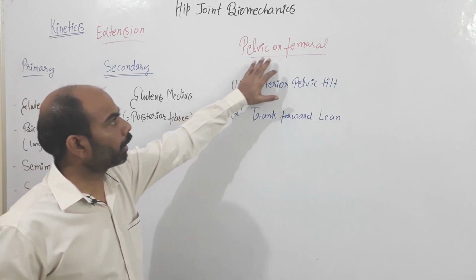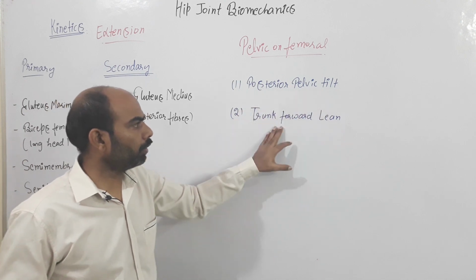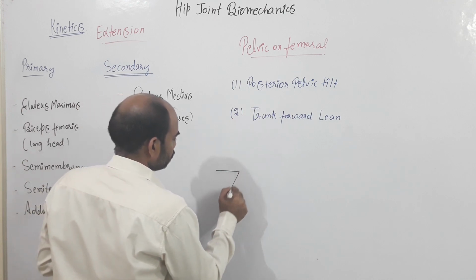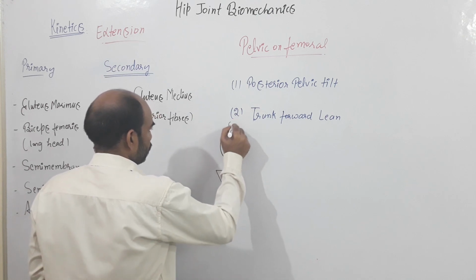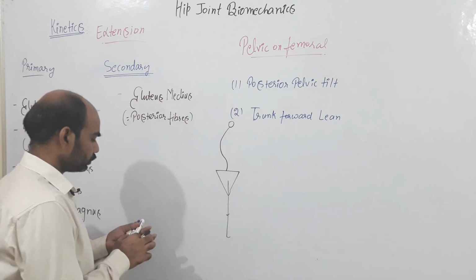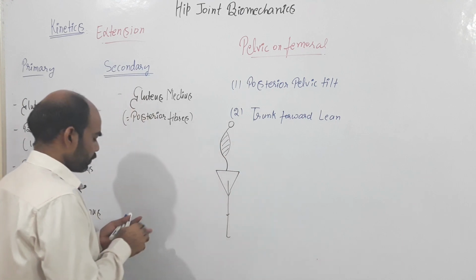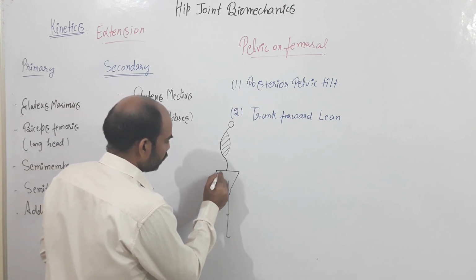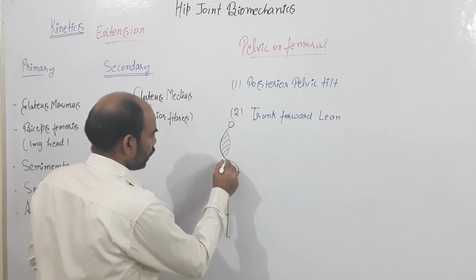Kinetic movement during pelvic on femoral hip extension has two movements: posterior pelvic tilt and trunk forward lean. The first movement is posterior pelvic tilt, the movement of the pelvis posteriorly with gluteus maximus and abdominal muscles.